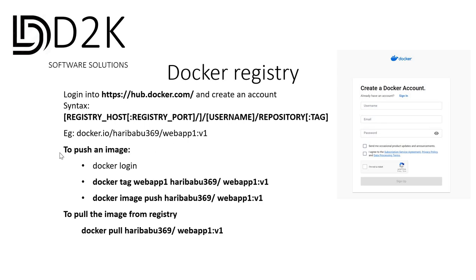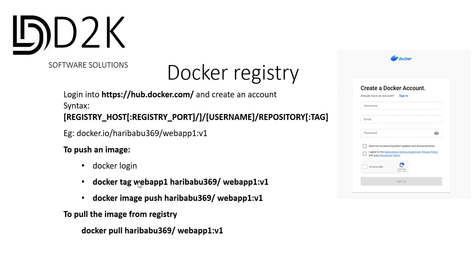The steps involved to push the image: you need to log in to Docker. Then this step is required if the image was not tagged earlier; you must tag it to push into the Docker registry.